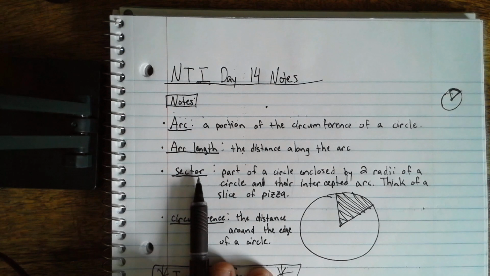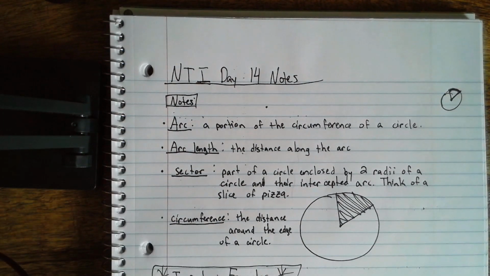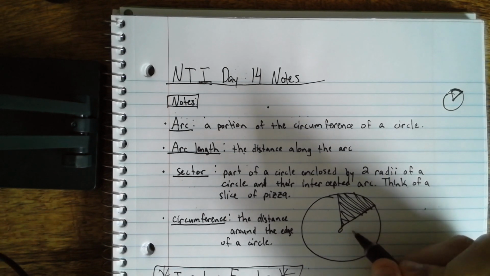A sector. A sector is a part of the circle that is enclosed by 2 radii, and radii is just the plural version of radius, so it's 2 radiuses. Enclosed by 2 radii of a circle and their intercepted arc. So all that means is you got this picture, this is the center of my circle.